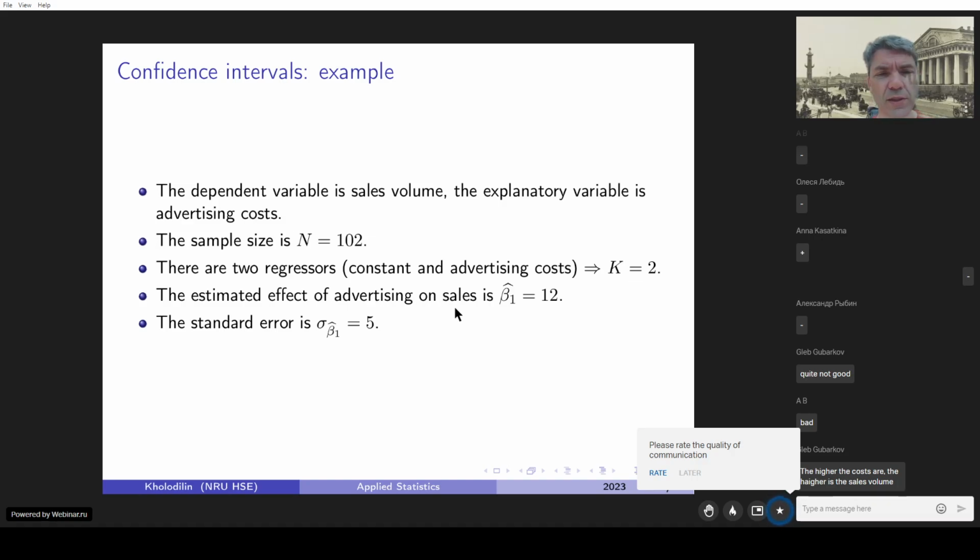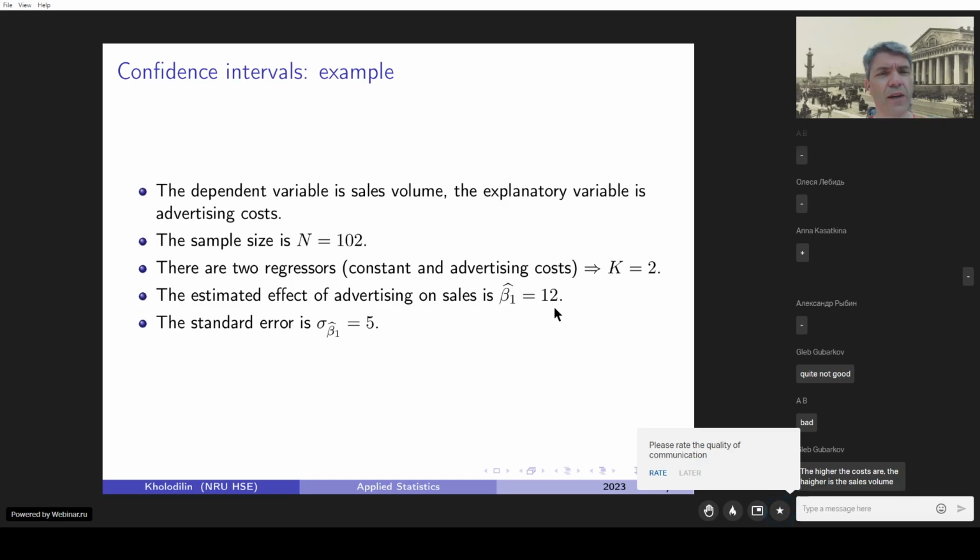But there's another question that we would like to solve: what is the confidence interval where the true value is located with a certain probability? So whether it's really 12 or maybe 10 or 5, and whether this coefficient is statistically significant.